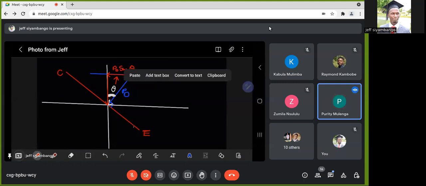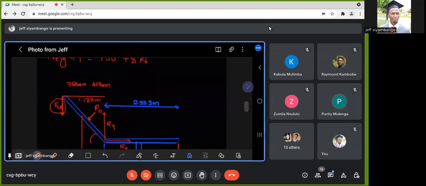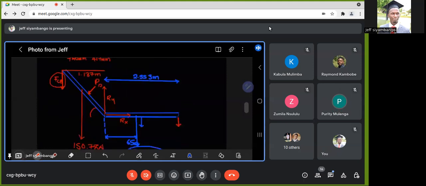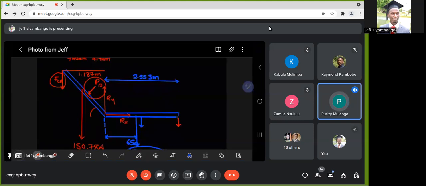Okay, so if you look at PD, PD is not in the x. It's not in the y. PD has components in the x and in the y. So we can't, or you're saying summing the distances to get the angle? To sum the forces.